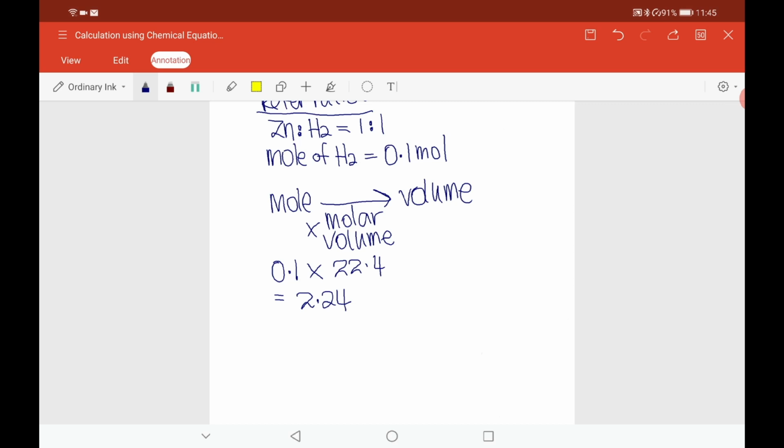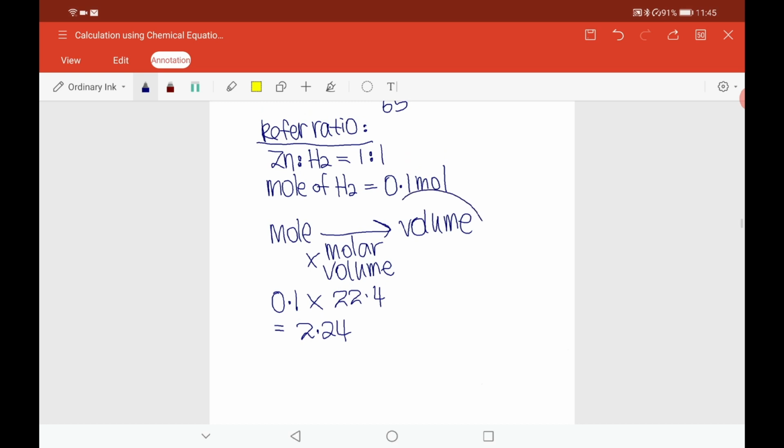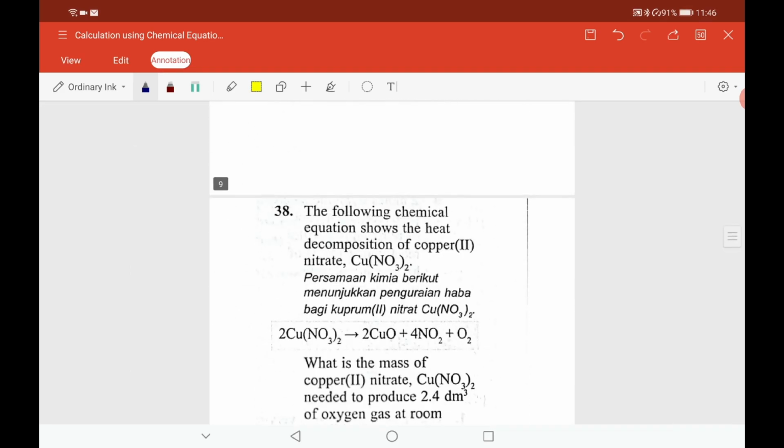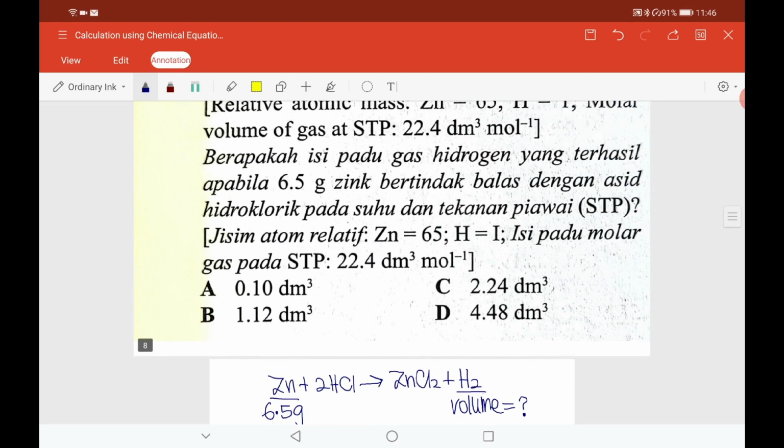Don't forget to put in the proper unit. Since we are looking for volume, the final unit for volume is dm cube. So 2.24 dm cube. The final answer here is 2.24 dm cube, answer is C.